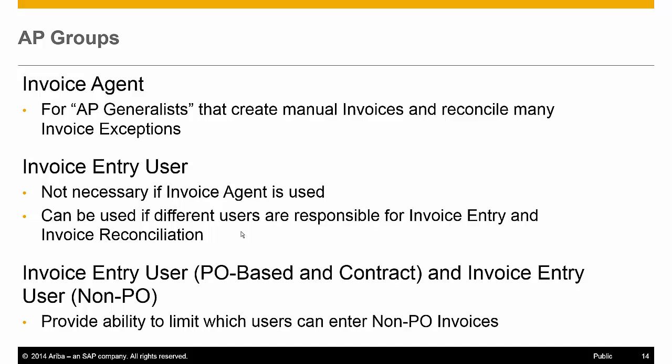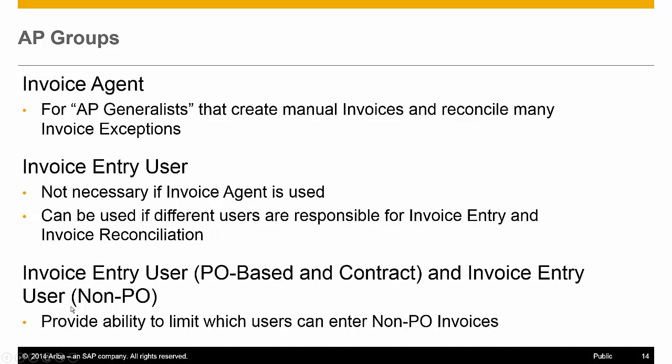And if you have different users that are responsible for keying in the invoices versus reconciling the invoices, then you can leverage this group. And this group can be used simply to key in the invoices only. And you can have the separate invoice agent group for exception handling. So that's where invoice entry user comes into play, if you have that type of a segregation of duty in your organization.